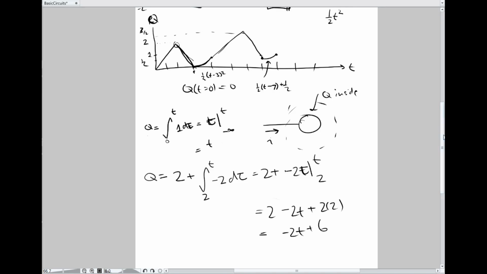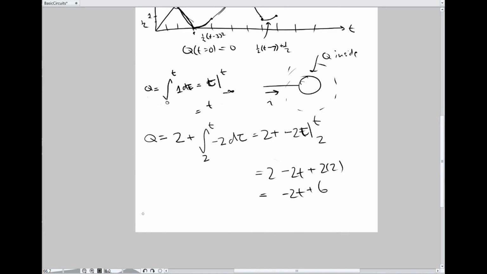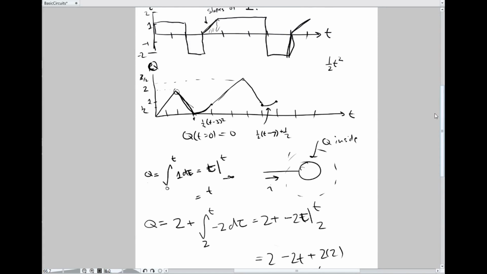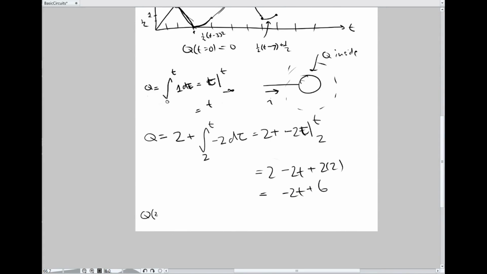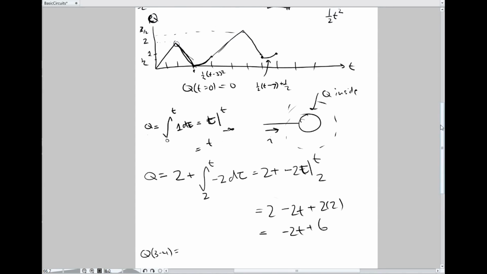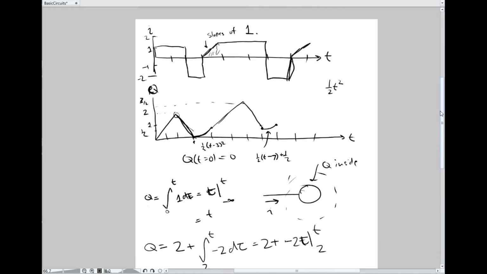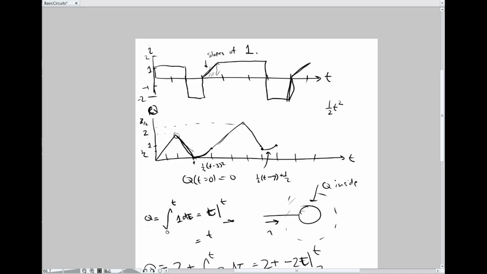And to keep going with this, say q from time 3 to 4 is equal to whatever it was at time 3, which appears to be 0, so 0 plus the integral from 3 to t of this function in here, which is tau, but with a y-intercept, and you can tell that the y-intercept is going to be minus 3.